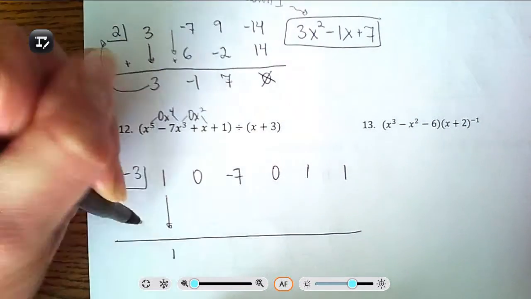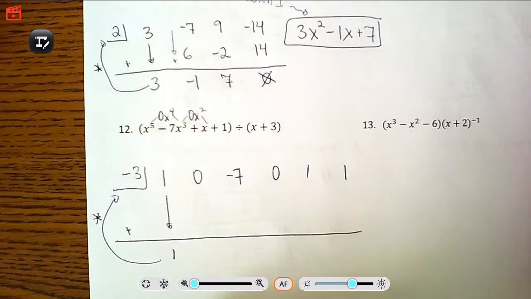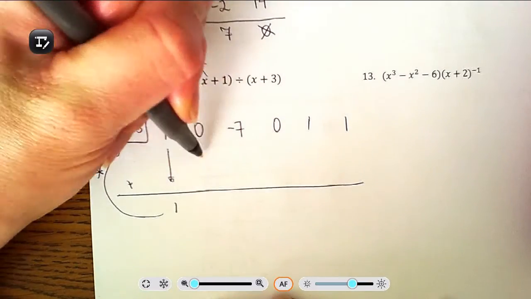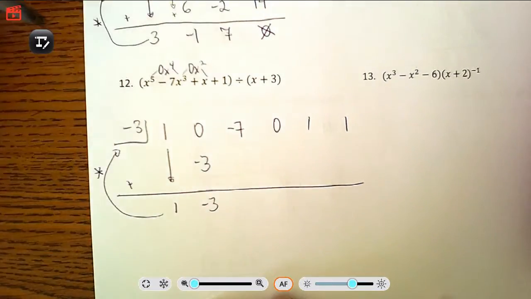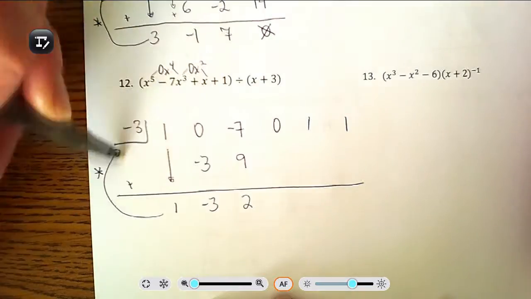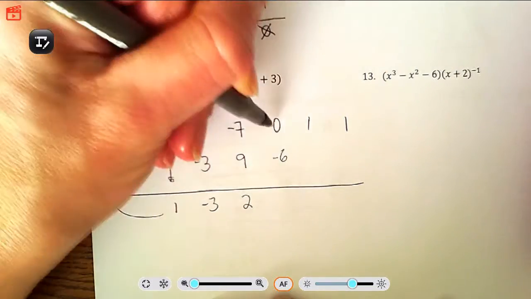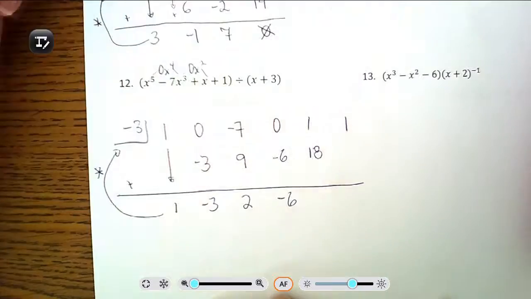Bring the first term down. 1 times negative 3 is negative 3. That gives me negative 3. That gets me 9. That gets me 2. That gets me negative 6. Negative 6, positive 18, and 1 is 19.